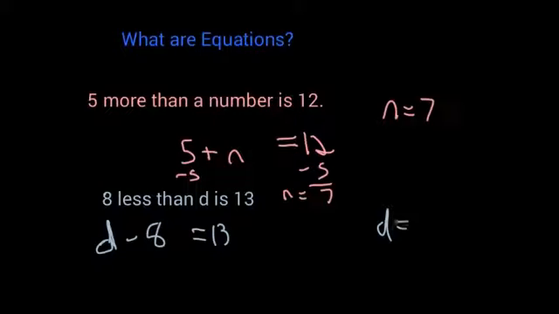So d equals 21. If you want to prove this, you just do the opposite of what's being done. So the opposite of minus 8 is plus 8. So 13 plus 8 is 21. So d equals 21.